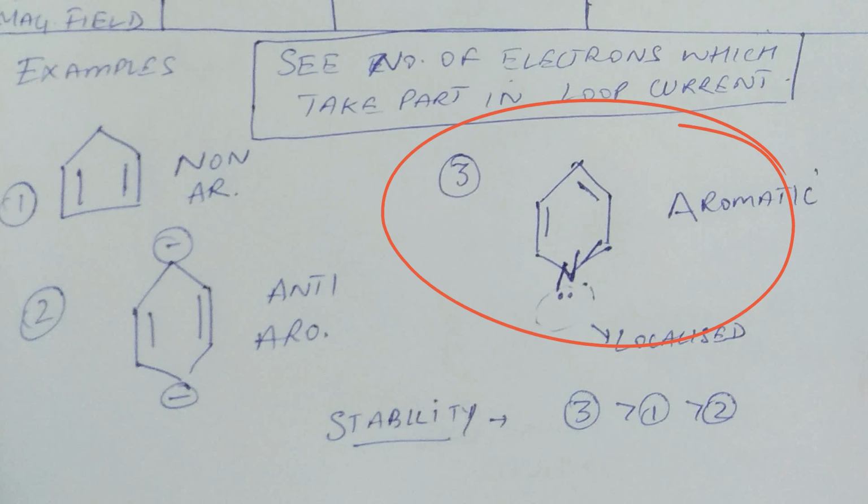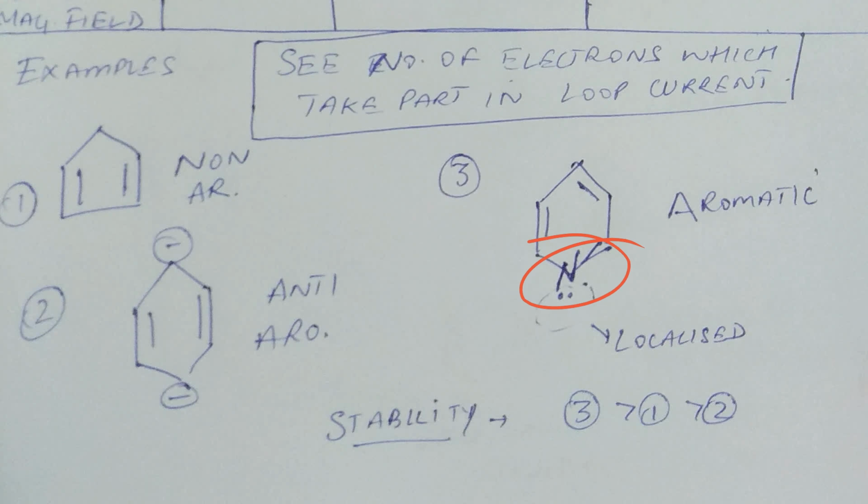Now the third one is this structure. We have to very cleverly see that this lone pair of nitrogen is not involved in resonance. If it is not involved, we are not going to count it in our rule, meaning in the 4n plus 2 pi rule we need not count this nitrogen's lone pair.